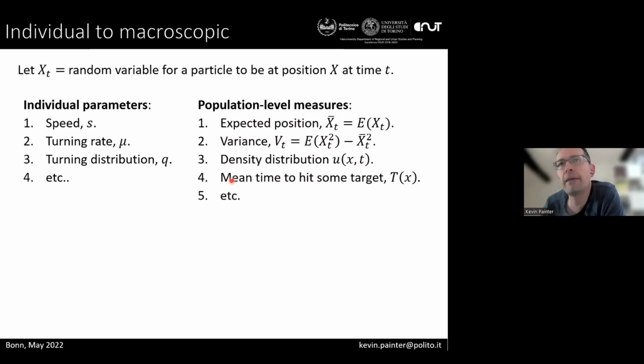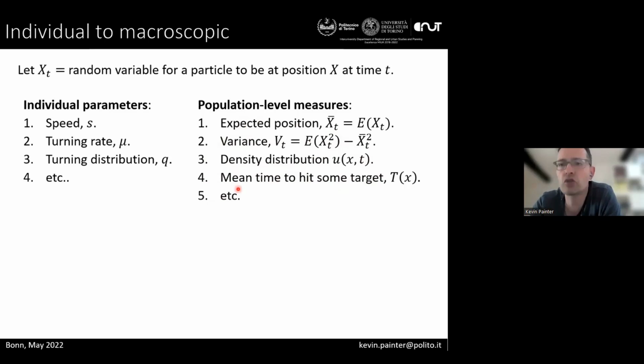We could also be interested in the mean time to hit some target. That would be relevant for my turtles trying to get back to Ascension Island, or an immune cell hunting down an infection, and possibly various others as well.